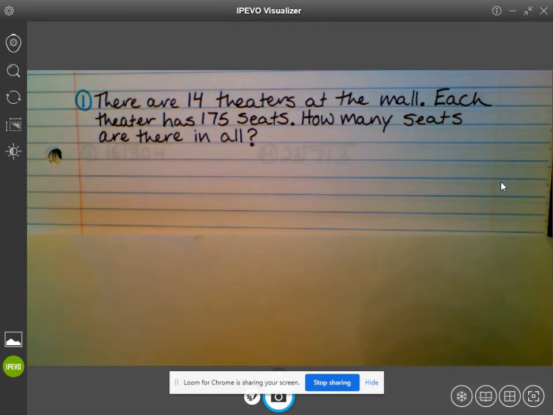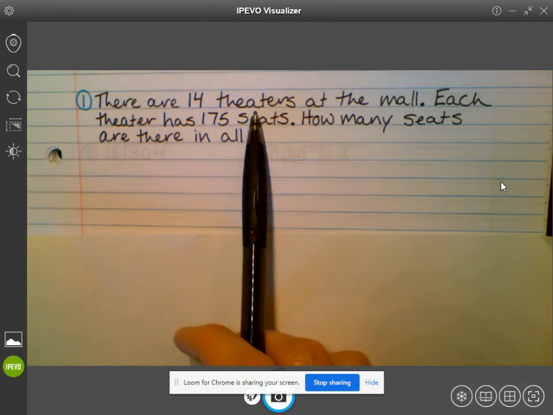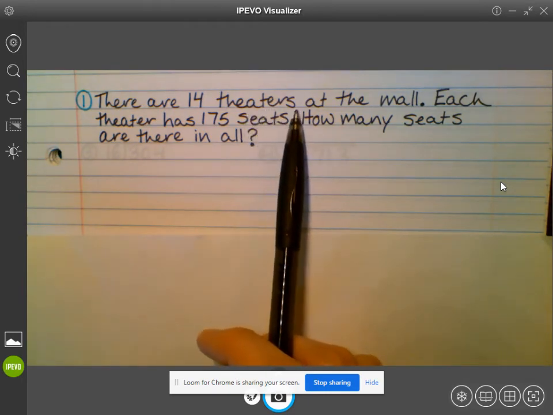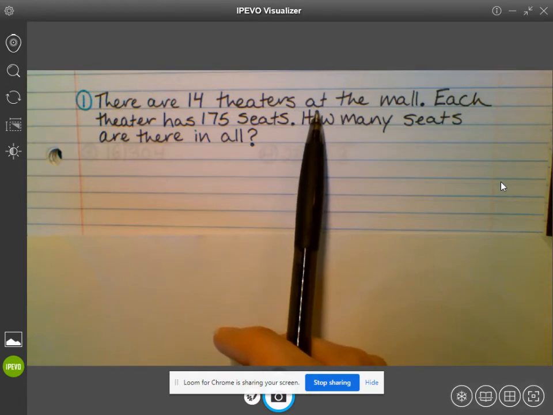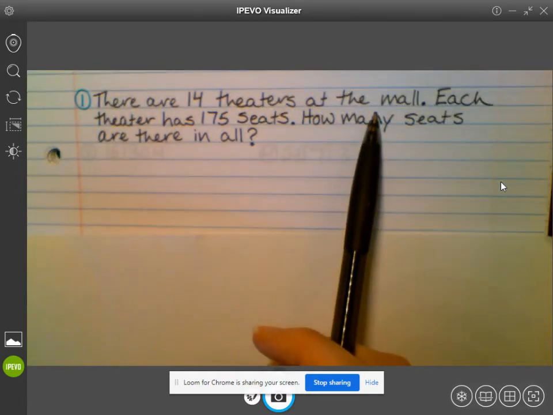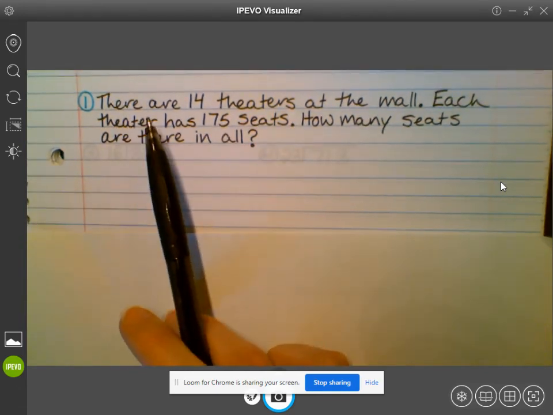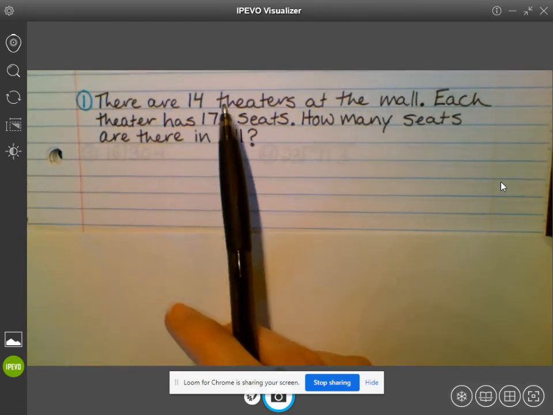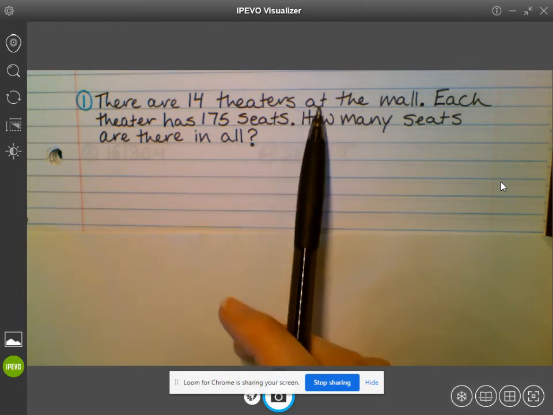So this one says, there are 14 theaters at the mall. So that first sentence is, there are 14 theaters at the mall.